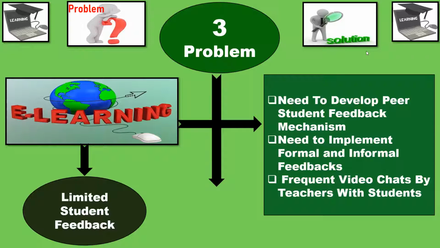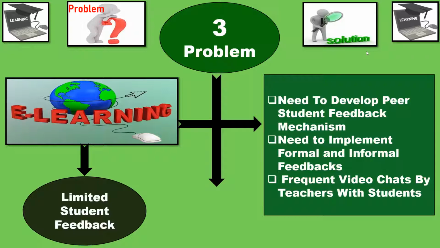Next one, we need to implement formal and informal feedback. Of course, we have standardized formulations to collect the feedback. Once we are collecting the feedback, then what else are we doing? We need to reflect on that particular feedback and give that reflection to that particular student. This feedback should be in both a formal and an informal way.